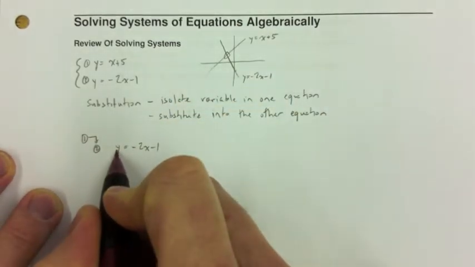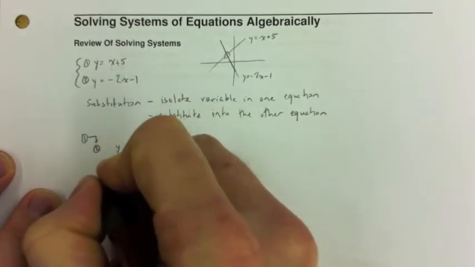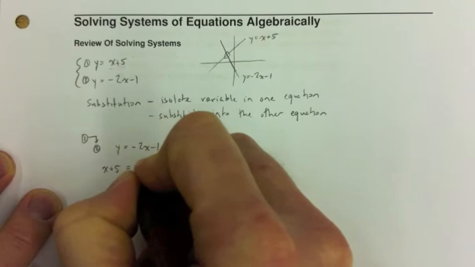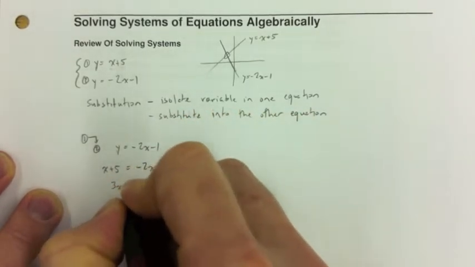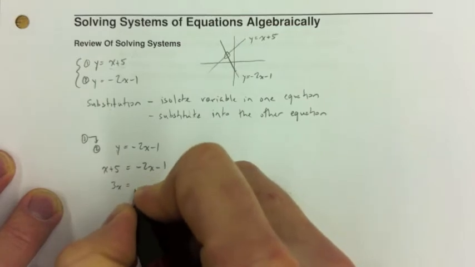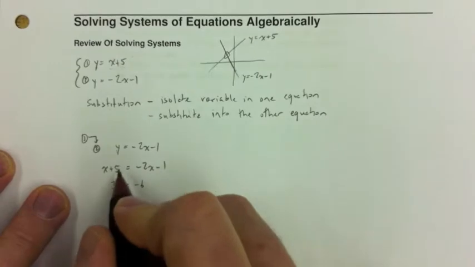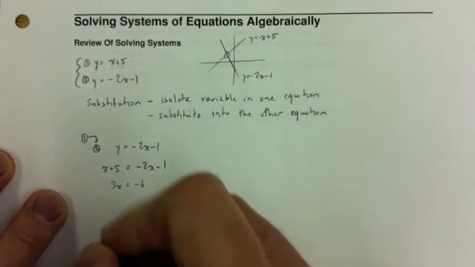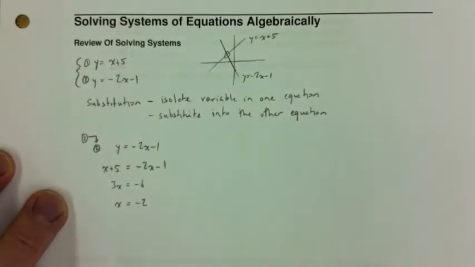Instead of this y, we're going to rewrite x plus 5. So we get x plus 5 is equal to negative 2x minus 1, which gives us 3x is equal to negative 6, adding 2x to that side and subtracting 5 from the other side. Dividing both sides by 3, we get x is equal to negative 2.